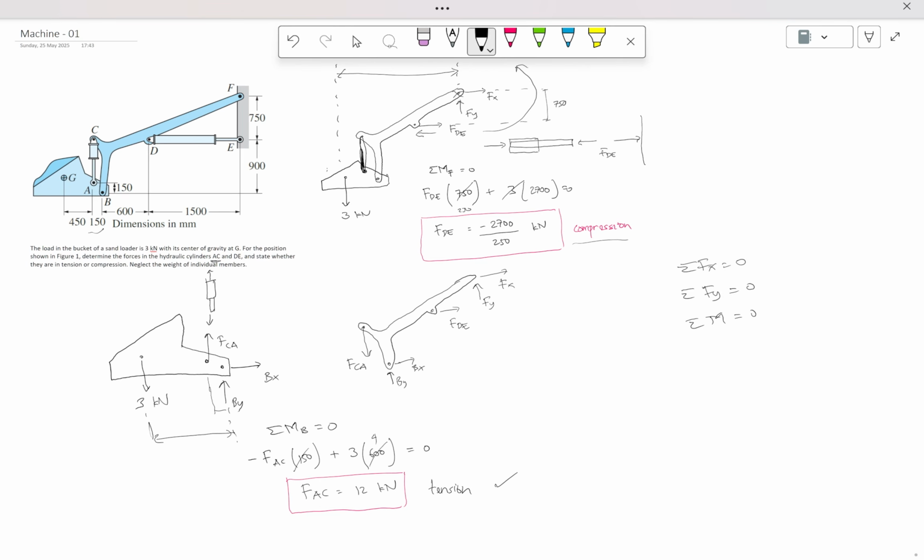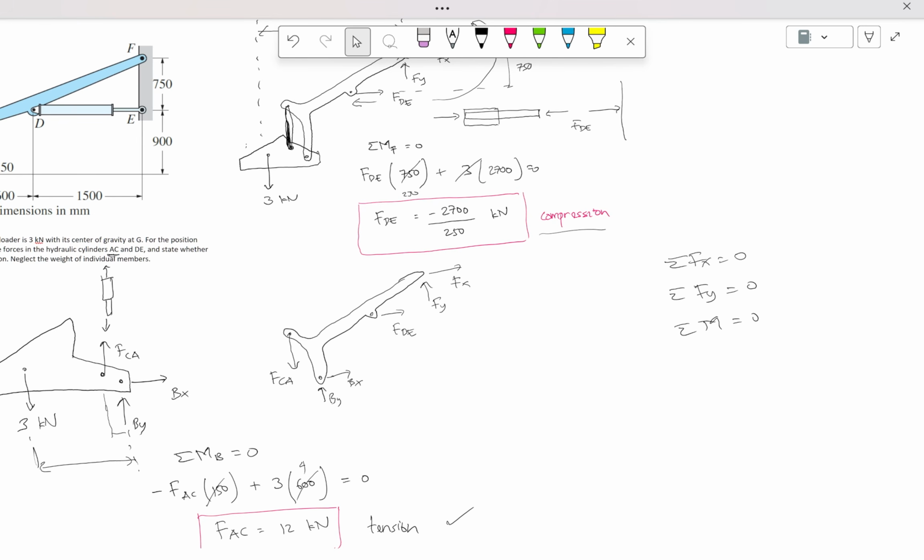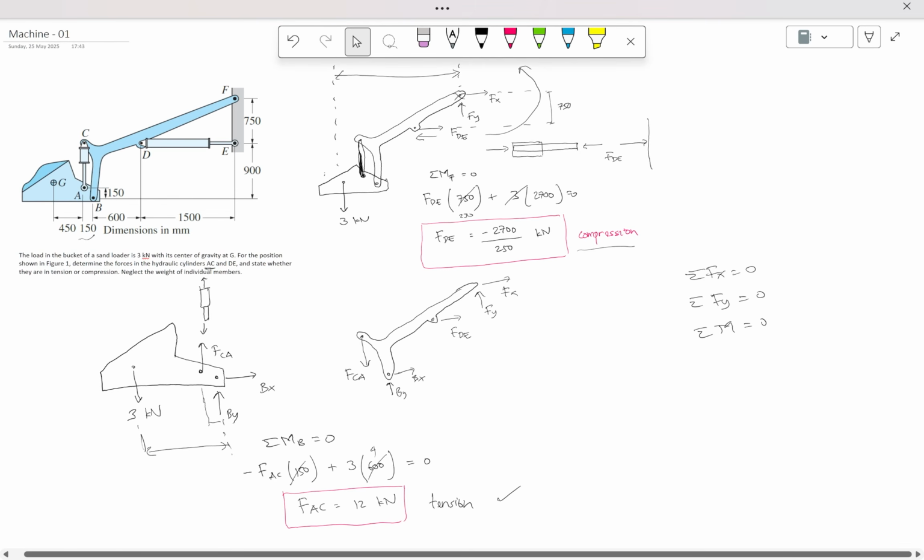For each structure you're analyzing, you can solve at most 3 unknowns. So make sure you work with the member that has the fewest unknowns from the beginning, and then move to the more complicated structures.